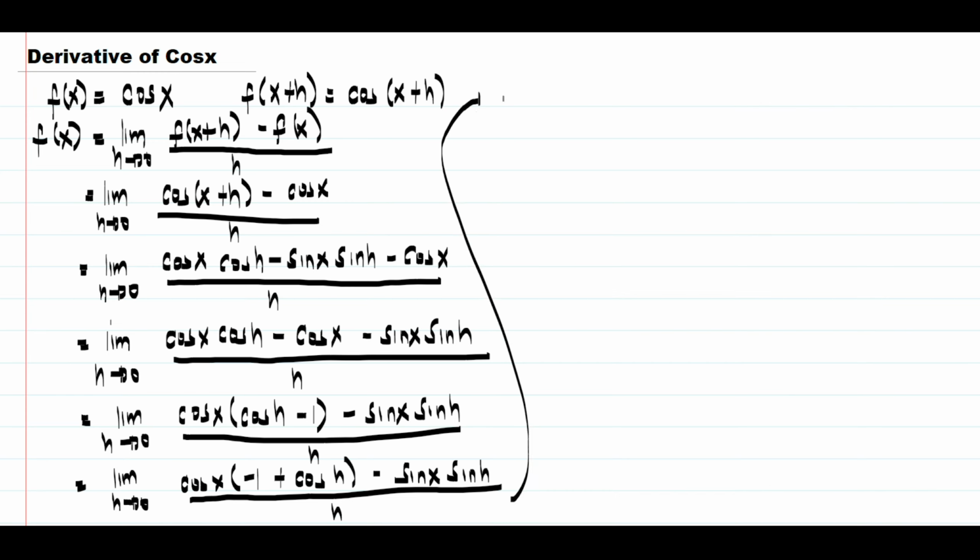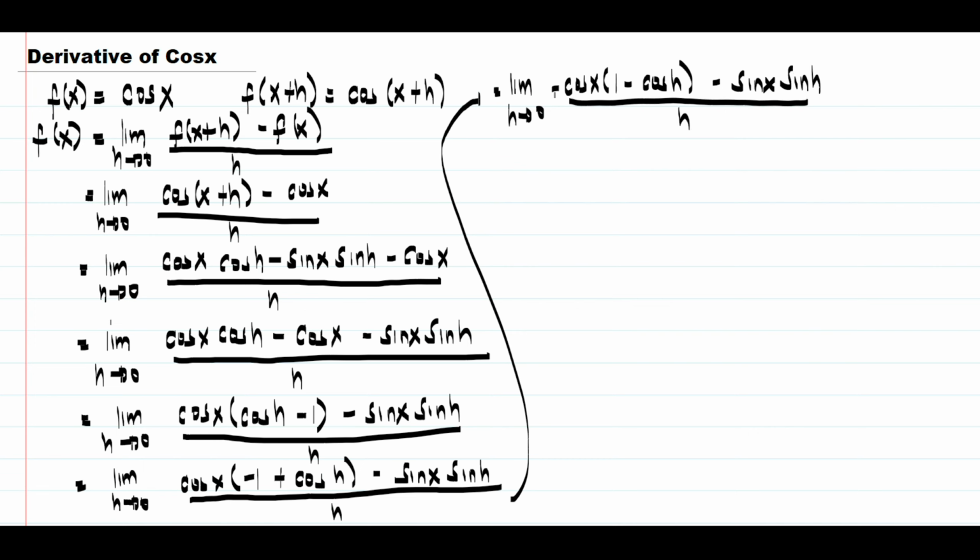And to simplify, let us have the limit as h approaches 0 of cosine x. Since we have a special limit that is 1 minus cosine h, let us write this as negative, and then we have 1 minus cosine h, and then let us write negative sine x sine h all over h.